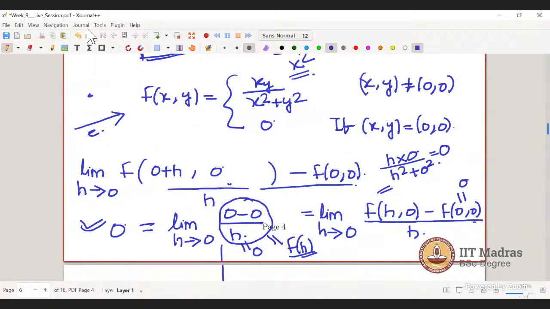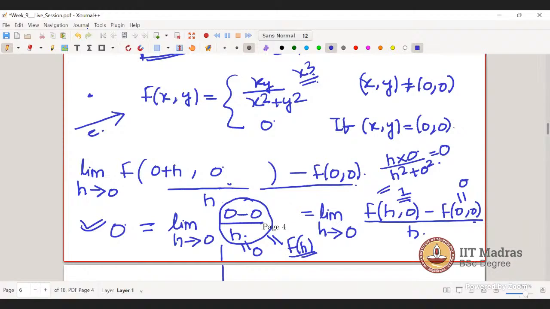I guess you have to take x cube, because if this is h square, so this will be your h, this will be your 1, right, Pritam?